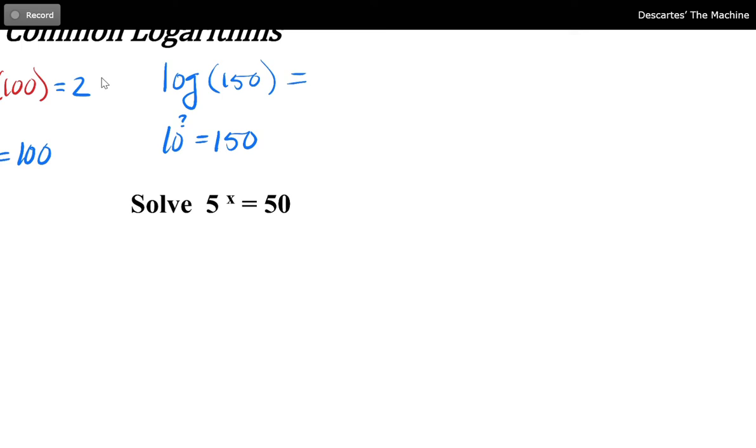Okay, so it says log, and if you just type that in there, it should open up parentheses, and then I'm going to type in 150, and I'll close the parentheses, and I get an exponent of 2.1761, to 4 decimal places. So that is the exponent then on 10 that would give us 150.